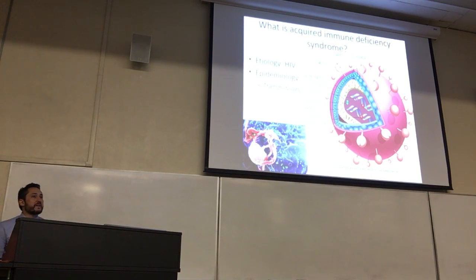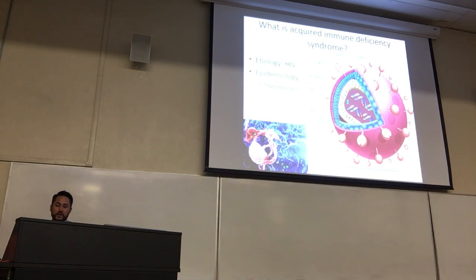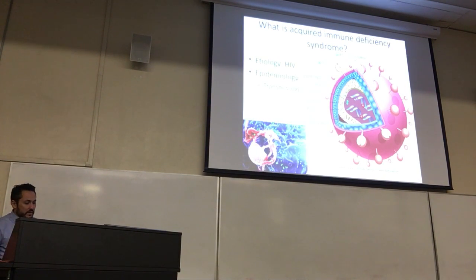It was first found in humans in 1959 in the Democratic Republic of Congo. Today, heterosexual activity is the most common transfer route.